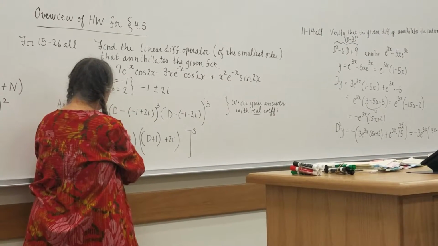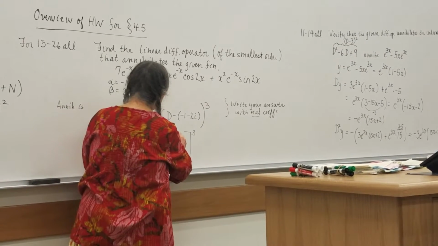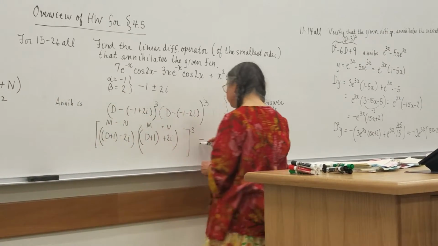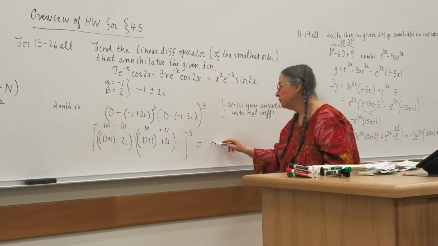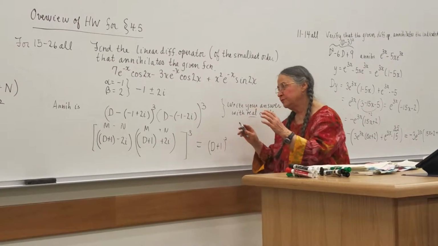So this is like the M minus N, and this is the M plus N, and you're going to get M squared minus N squared. So you get D plus 1, the quantity squared, minus the 2i squared. You don't have to multiply through triples.